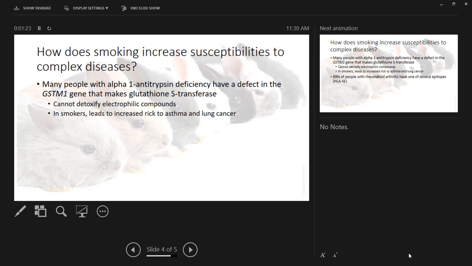So you know this, that not everybody who smokes develops lung cancer. And so what you find is in a lot of people that develop lung cancer as a result of smoking, especially in those that develop lung cancer as a result of smoking a lot less than what you would typically find in other smokers, a lot of times you'll find that they have this genetic illness.